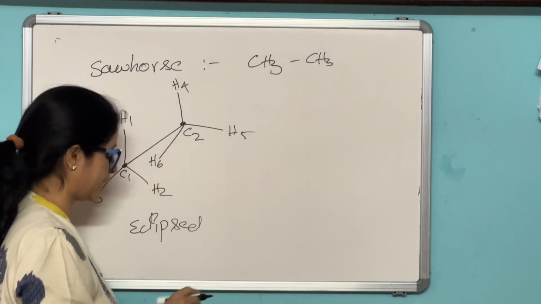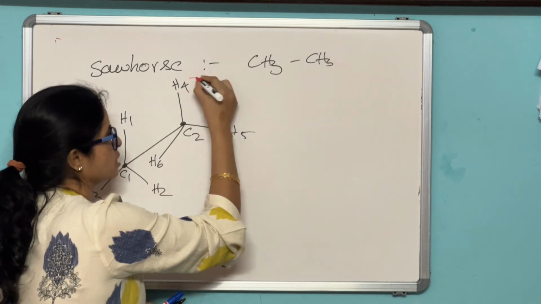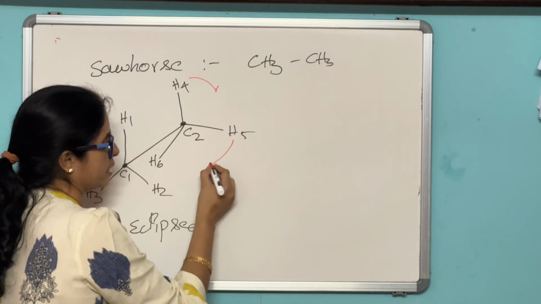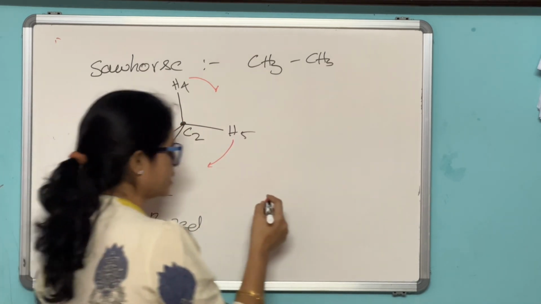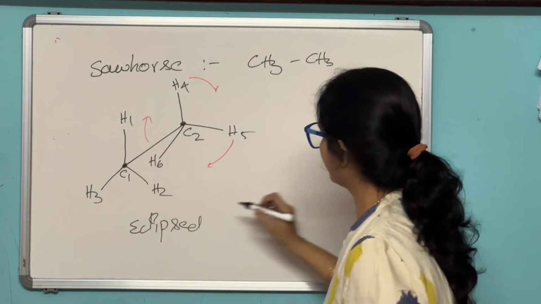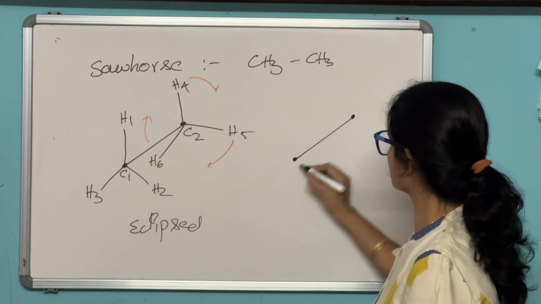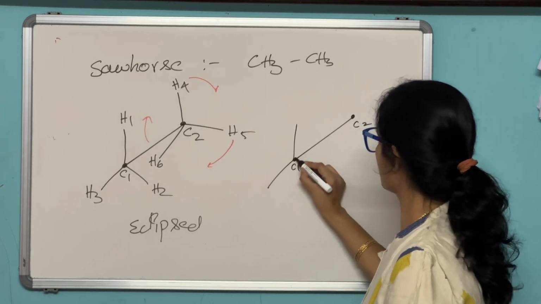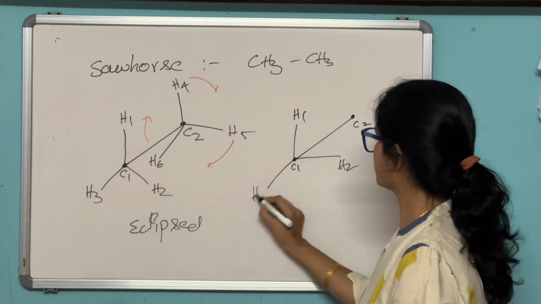The staggered form will be obtained by rotating this by 60 degrees. If you rotate this by 60 degrees, H4 will come this side, H5 will come at this place, H6 will come at this place. Now you write the staggered form of ethane. First the C1 carbon atom and the C2 carbon atom, you keep the first carbon as it is, H1, H2 and H3.